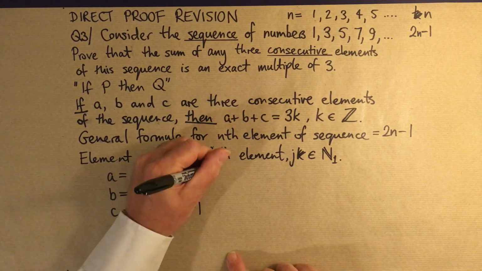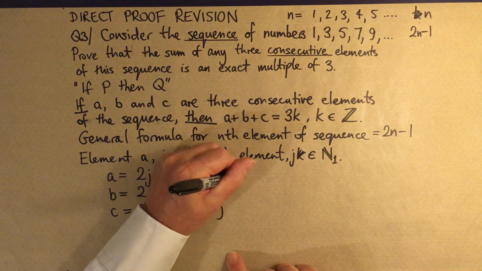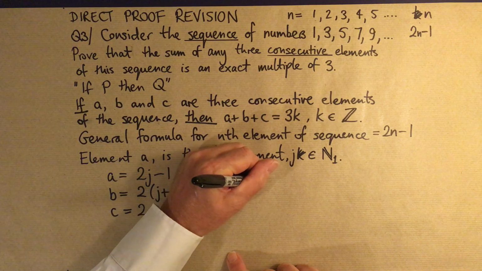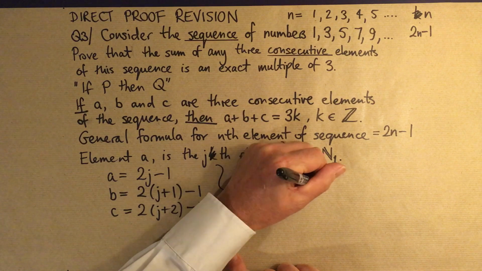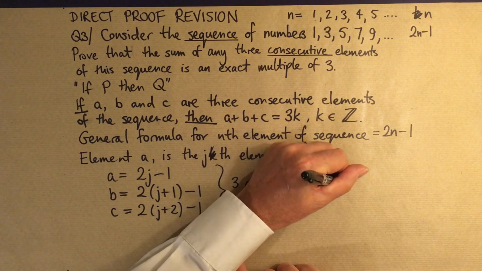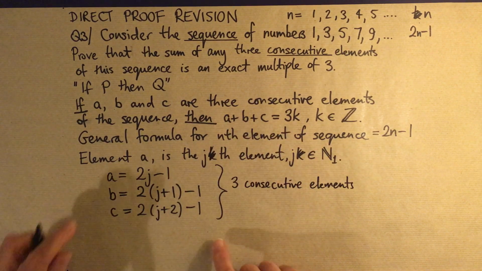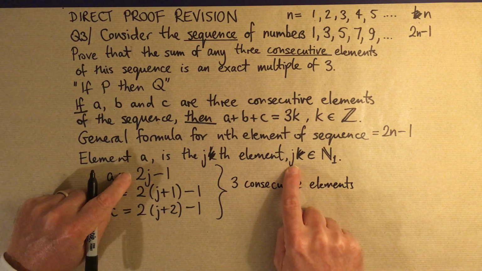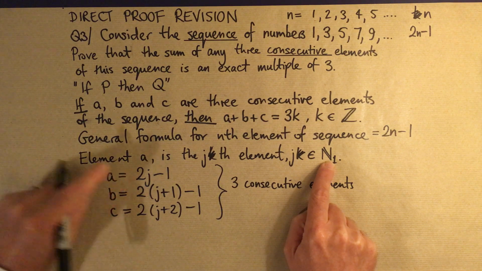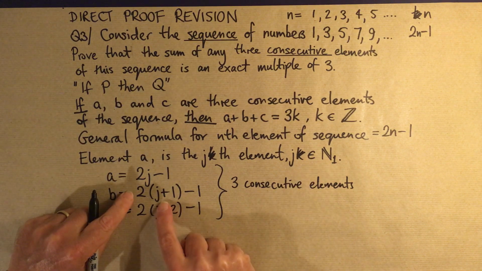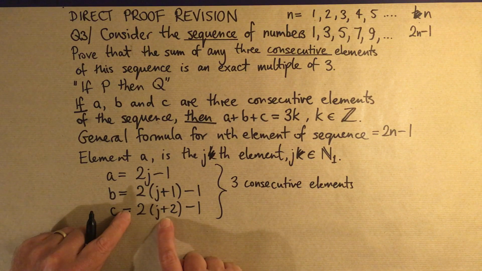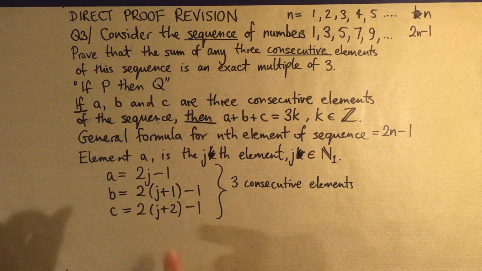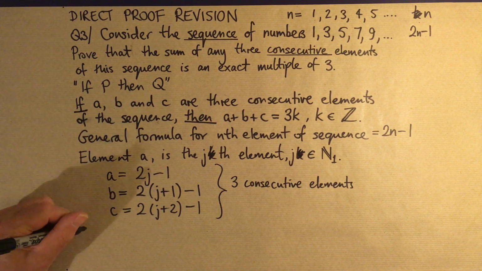So because these are 3 consecutive elements, starting with the jth element, just some arbitrary j somewhere along the line, and then the next one after that, which is the j plus 1th, and then the next one after that, which is j plus 2. So all we need to do now is to add them up.